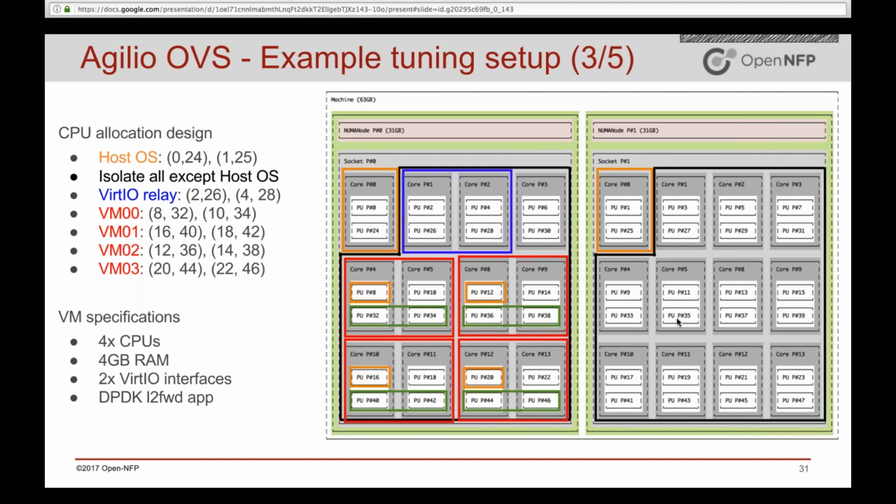We have again used the isolation of all of the CPUs that have not been selected for the host operating system, and that can be seen with the CPUs highlighted in the black box. We've given the Netronome Virtio relay 4 different cores, again 2 and 26, and 4 and 28, which are hyperthread partners, and then 4 VMs.